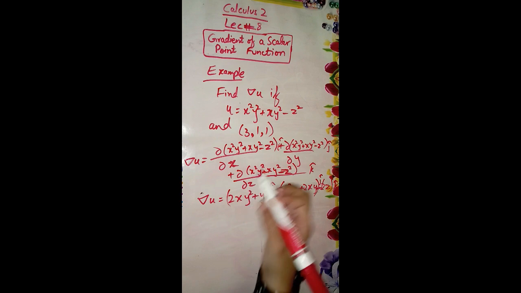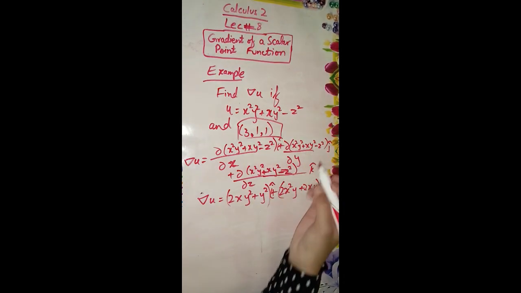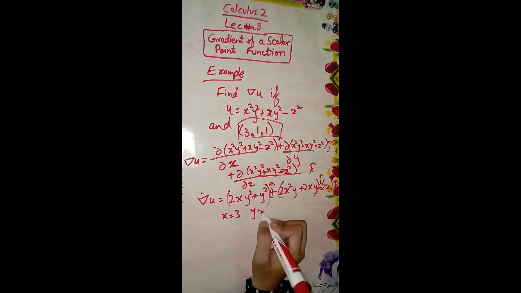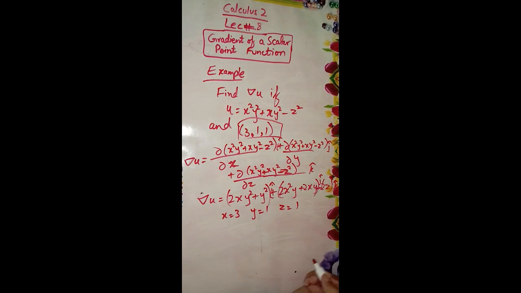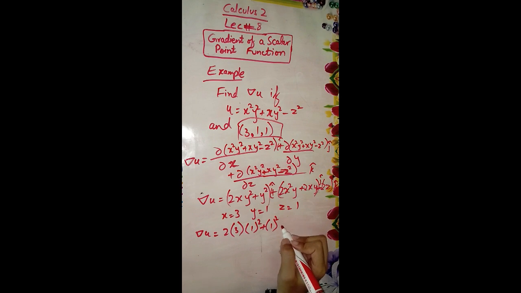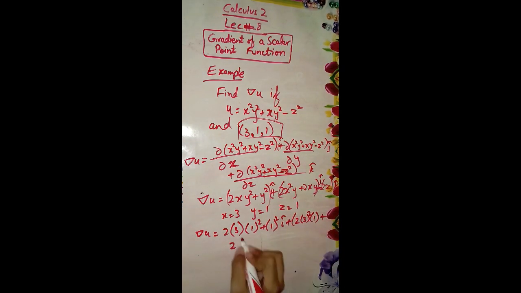Now we have to put these values inside our expression. So our x is equal to 3, y is equal to 1 and z is equal to 1. So del u is equal to 2 into 3, 1 square plus 1 square. This is the i hat direction, and then plus 2 into x value 3, it will be 3 square into 1 plus 2 into 3 into 1.